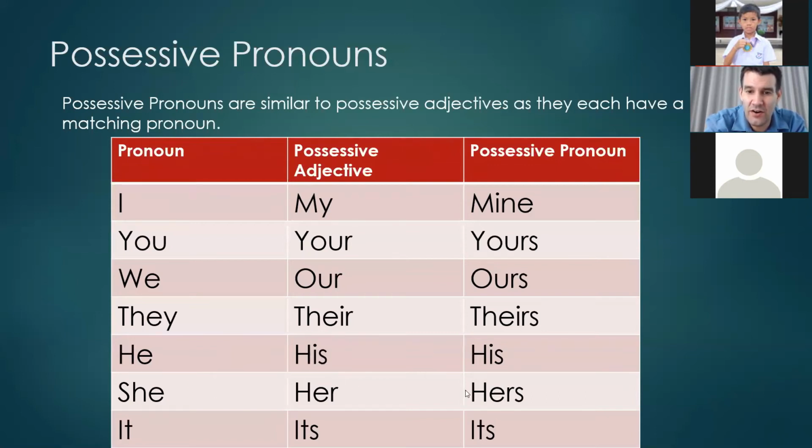She, her, hers. It, its. So, as you can see, his already has an s, and its already has an s. So it is the same. But if there is no s, then you add an s to make it a possessive pronoun. Except for my, which will change to mine. No s for mine.